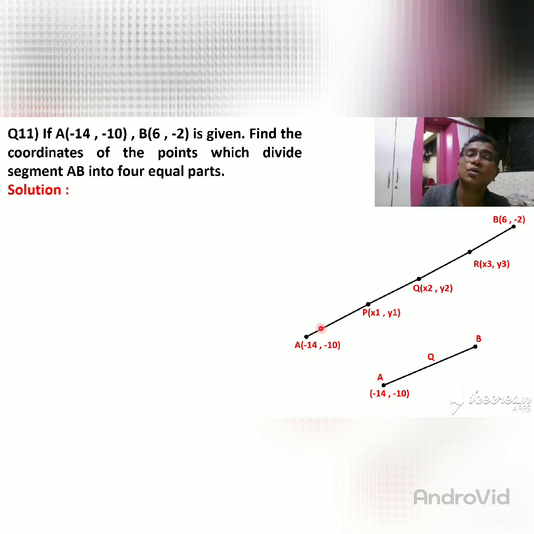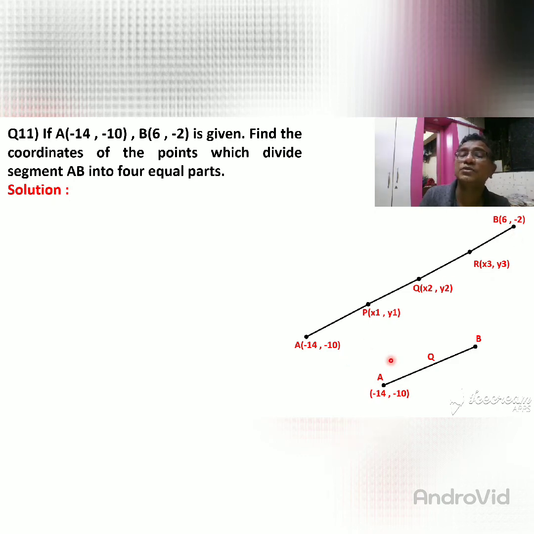So first AP, PQ second, QR third and RB fourth. Okay. In such a way there are the 4 parts. A is minus 14, minus 10, P is x1 y1, Q is x2 y2, R is x3 y3 and B is 6 and minus 2.